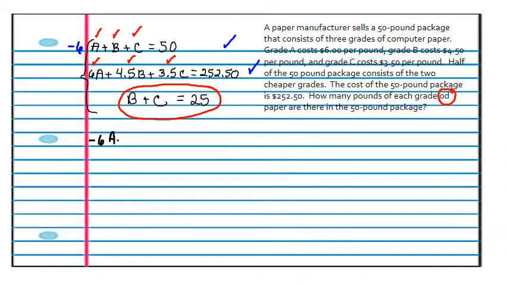So I have -6A minus 6B minus 6C equals -300. And now we have 6A, 4.5B, and I got rid of the zeros, no big deal, plus 3.5C equals the 252.50.